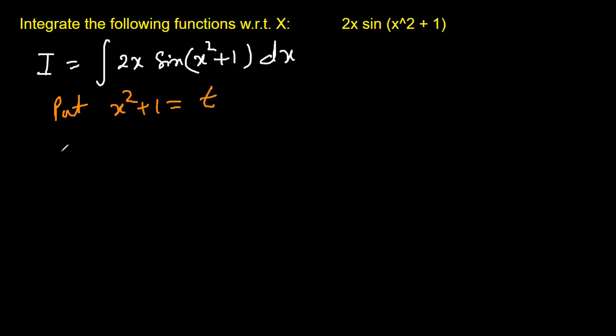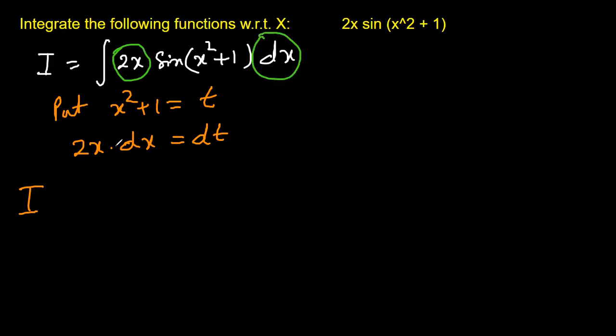So the derivative of x squared is 2x and the derivative of 1 would be 0, equal to dt by dx. So we can write 2x dx is equal to dt. Now the integral I, look, 2x and dx together is dt, and x squared plus 1 is t.